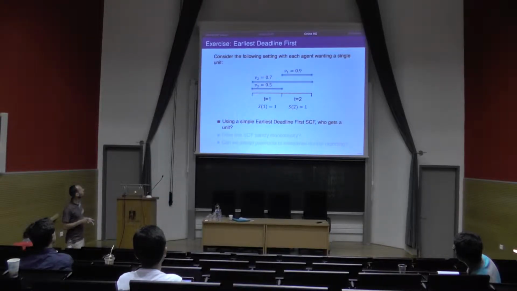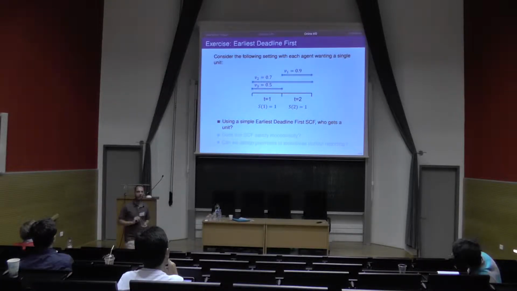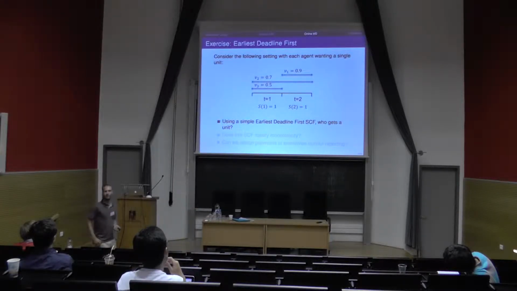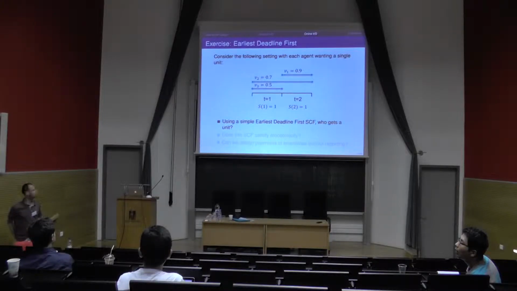Okay. So we can do this part together. If we apply this earliest deadline first schedule, who would get which unit? Yes. So at time step 1, we don't know that the third player is going to come at some point later on.